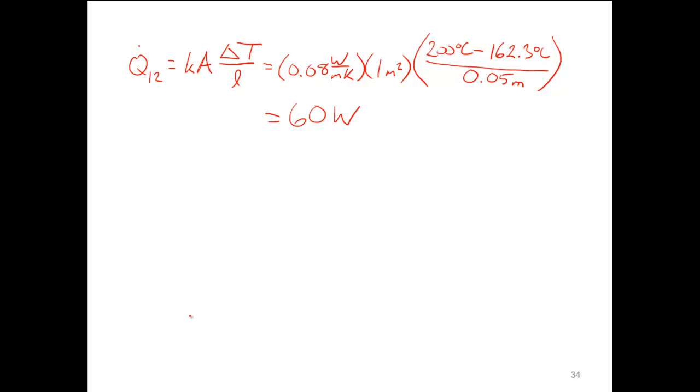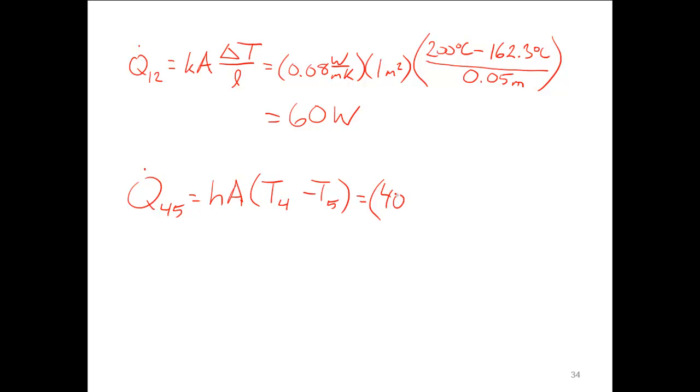So the question is, do we get 60 watts between our other two nodes? Let's go to the other end and look at convection. If we look at Q dot between nodes 4 and 5, that's convection. So we got hA, and we got our delta T, T4 minus T5. And the h, make sure I get that right, I think it was 40. Yeah, 40.